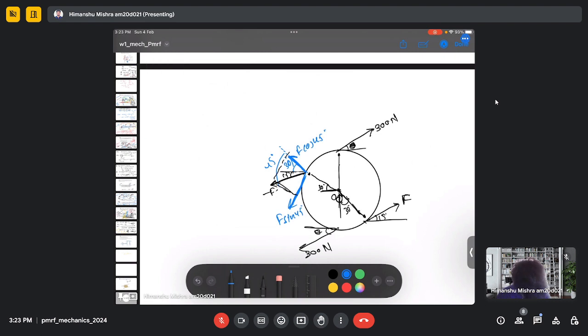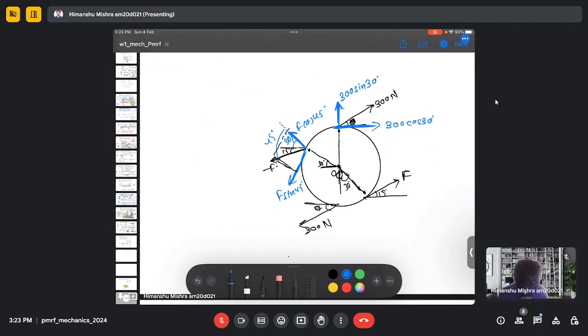And here this should be 300 sine 30, and this should be 300 cos 30. Similarly, this should be 300 sine 30, and this is 300 cos 30. So here theta is 30.